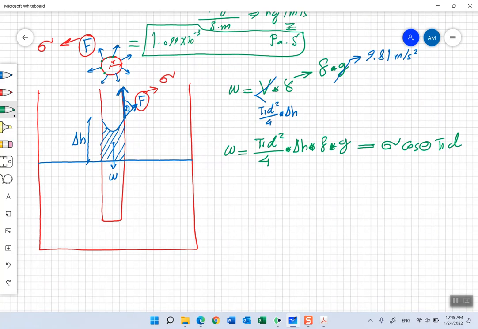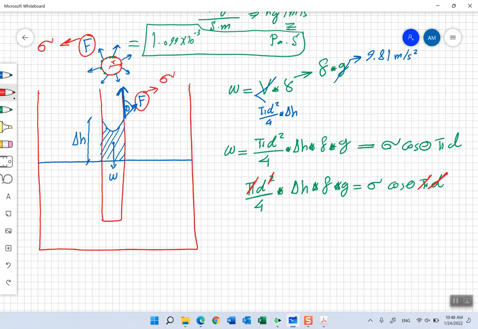So let's simplify this equation a little bit. Then I will have pi d squared divided by 4 delta H rho g equals sigma cosine theta pi d. I can get rid of this d with the square here, and I can get rid of this pi with this one.